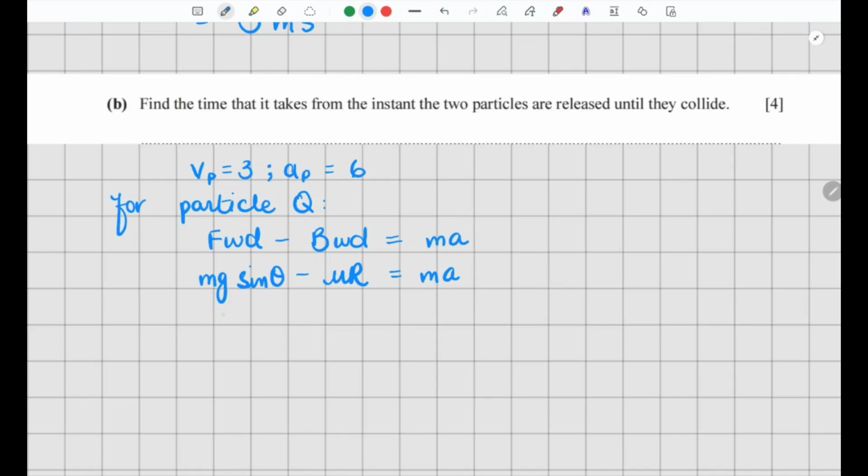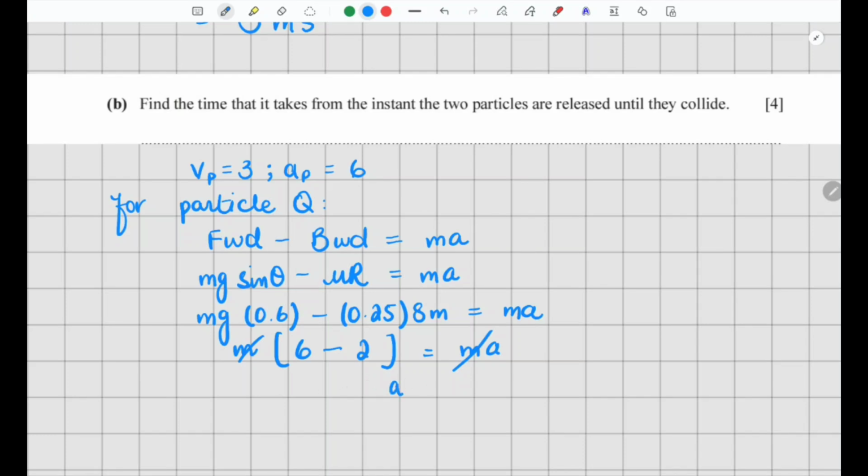So mg 0.6 minus 0.25 times 8m equals ma. m we can take common, so it will become 6 minus 2 equals ma. m and m will be cancelled, and we get acceleration to be equal to 4 meters per second squared.